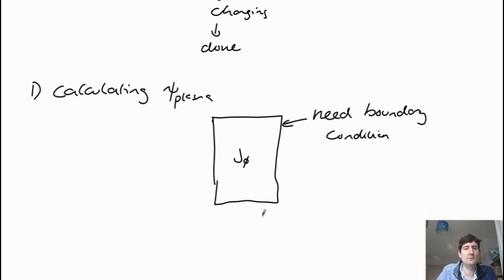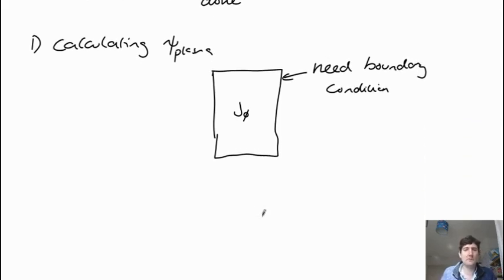And so there are a few ways of doing this. The first way is just to use Green's functions again. So because we know what the toroidal current is here, we can use Green's functions to calculate the psi on this everywhere on this boundary, and then we can use that psi to solve the rest of it efficiently.